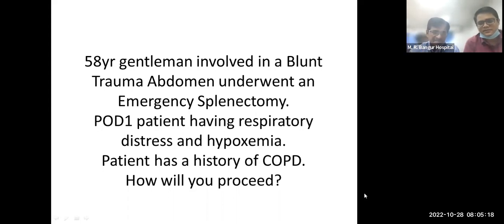But patient having respiratory distress following a splenectomy, the first POD, what do you think is the problem with the patient? Hypoxia is one manifestation. What is the likely problem?